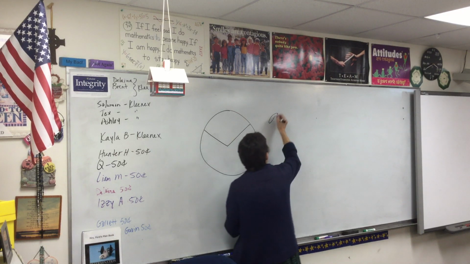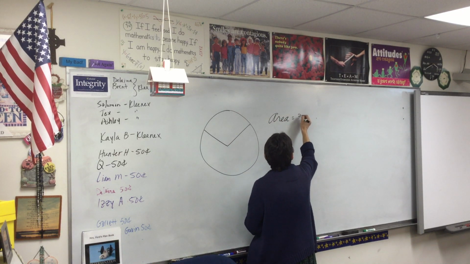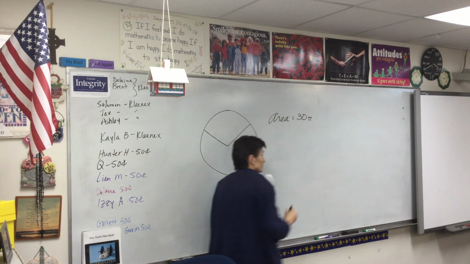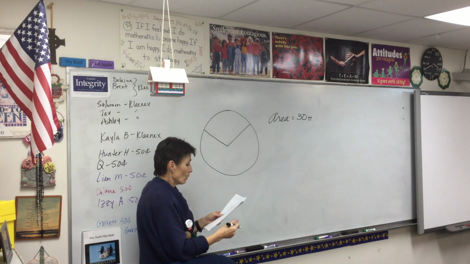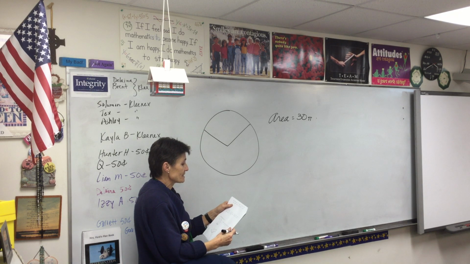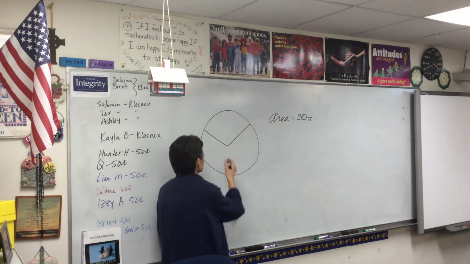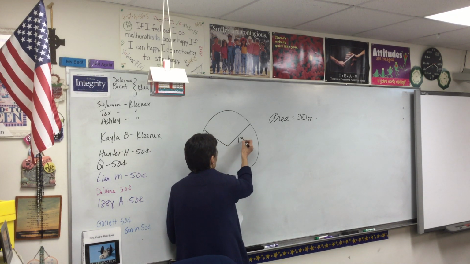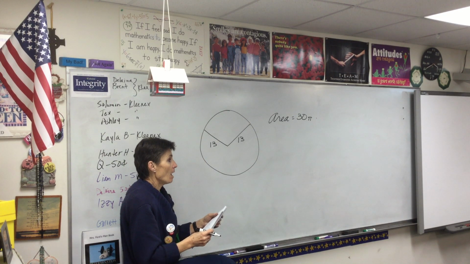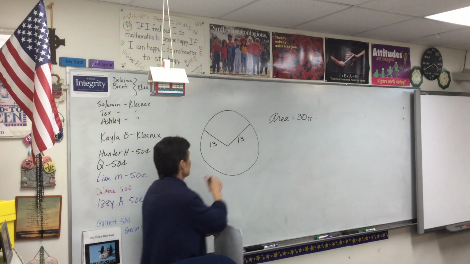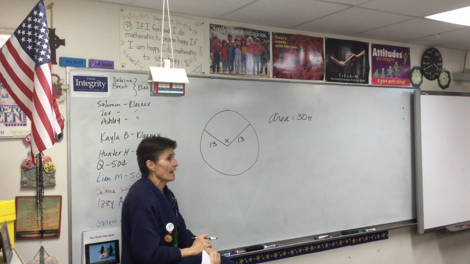So we know that the area is 30 pi. We also know that the radius is 13. Our job is to find the central angle.